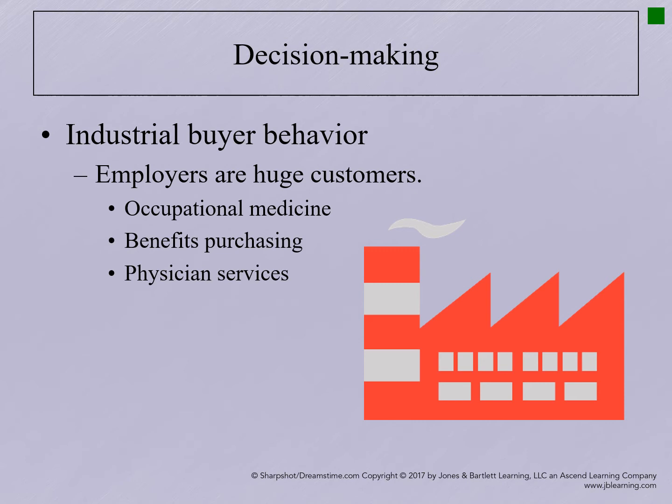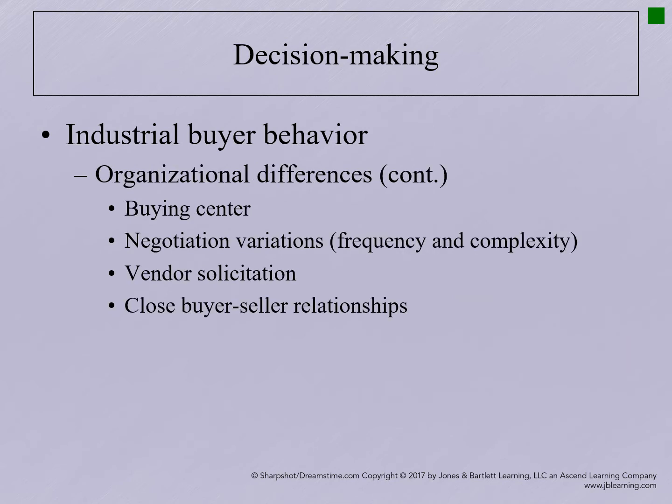If we're selling physician services, that too is a little bit different. Their buying behavior is a little bit more sophisticated. There may be contracts involved. There may be negotiations. To the extent that you can be effective as a negotiator, that will help you in your marketing too.